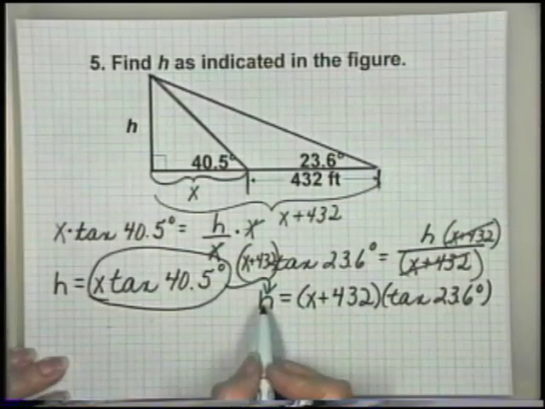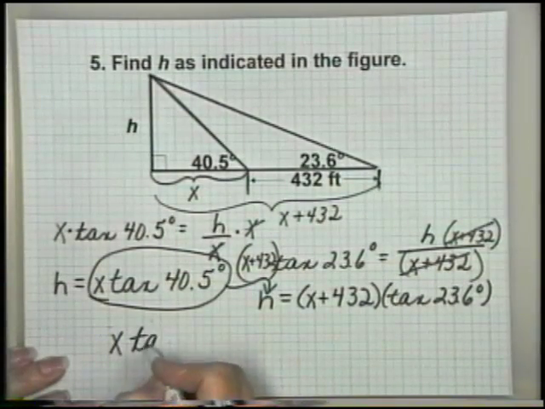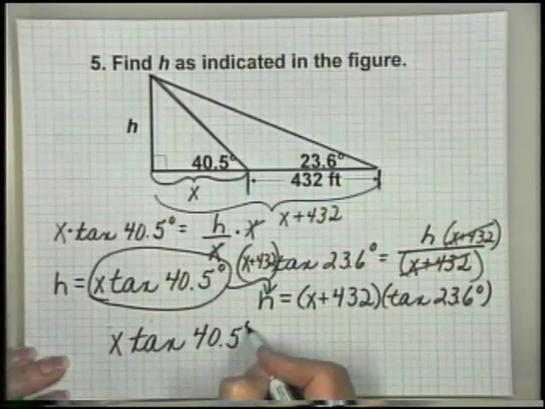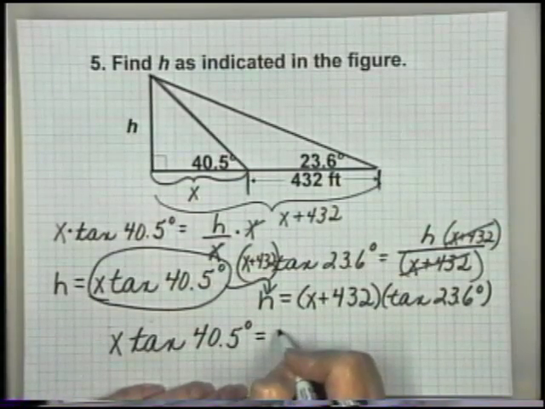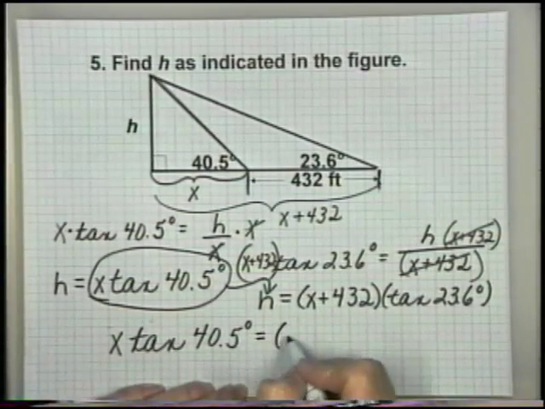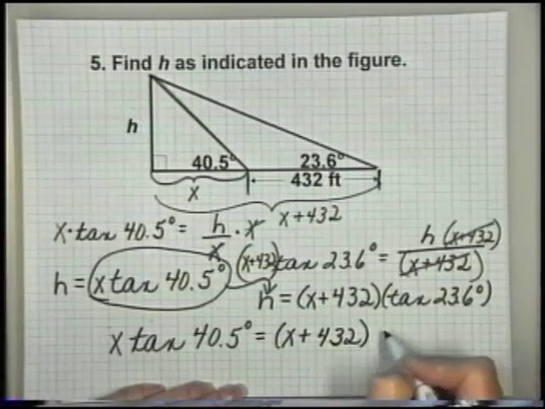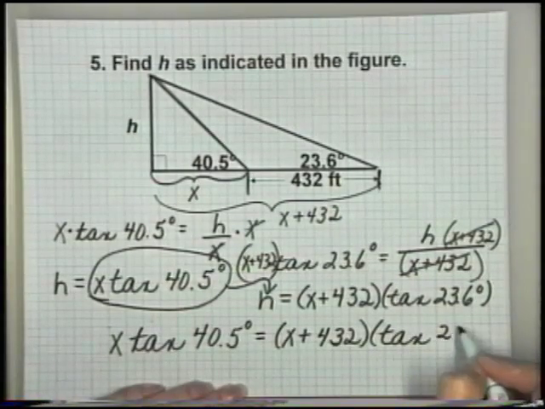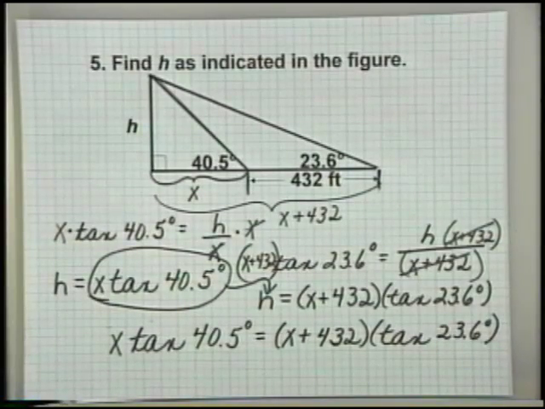And when I do that, I get this monstrous equation. Look at this. In place of h, I'll have x times the tangent of 40.5 degrees equals, and on the other side, I'll have x plus 432 times the tangent of 23.6 degrees.